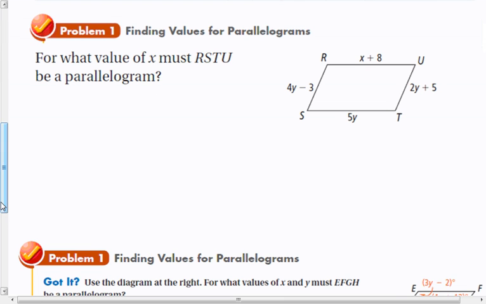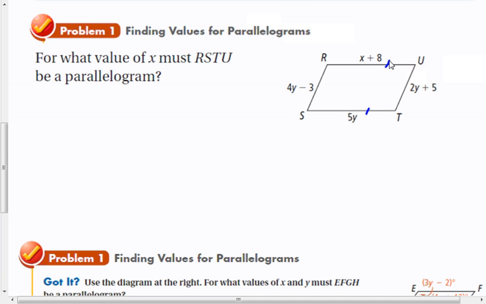All right, for what value of x must RSTU be a parallelogram? So what we're going to do is assume that this is a quadrilateral to begin with. Then we know that if it is a parallelogram, then RU has to be congruent to ST. So this would have to be congruent to that.